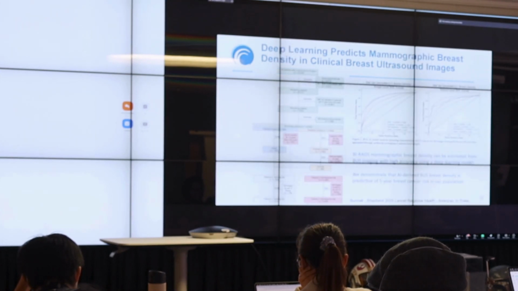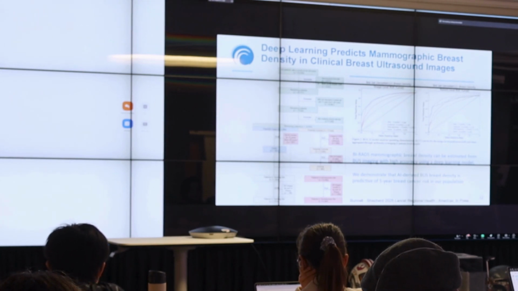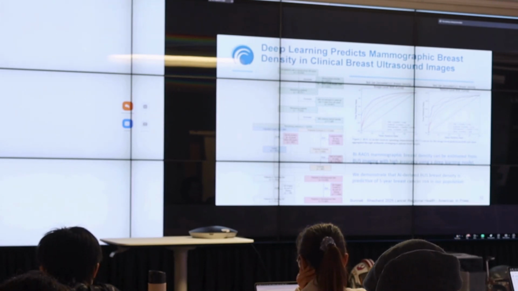If we go further in her work, she's also developed a breast density measurement. Breast density is the strongest risk factor for who will develop breast cancer other than age. And it's measured through mammography. So if you don't have mammography and you're using exclusively ultrasound, it would be beneficial to have a breast density measurement from ultrasound to include in these comprehensive risk models.